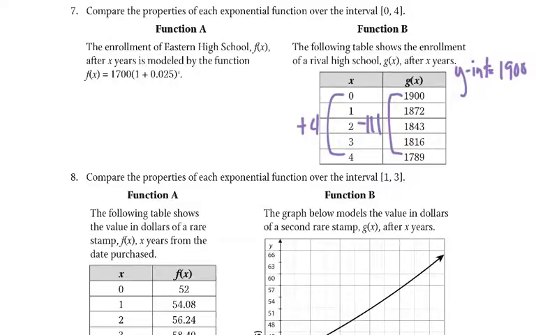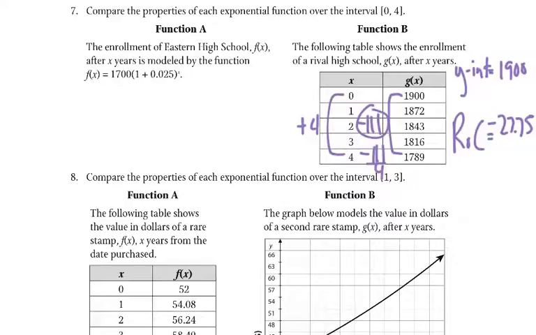Then rate of change would be negative 111 divided by 4, and we'd get negative 27.75. So the enrollment is, we are losing 27, basically 28 students every year.